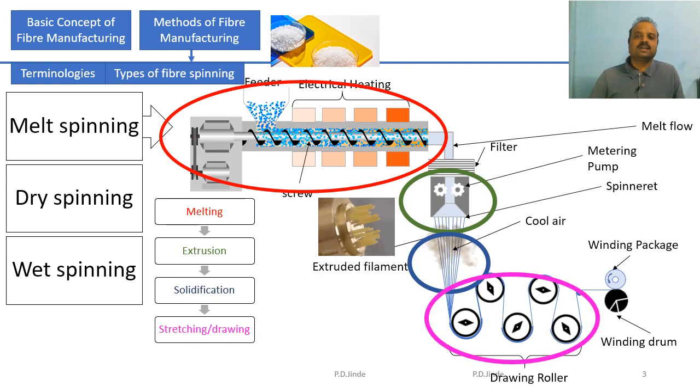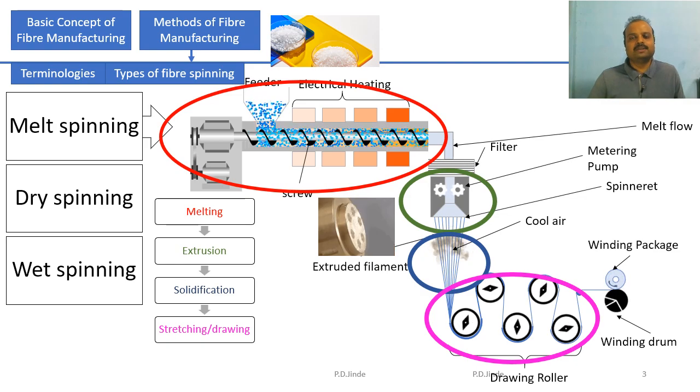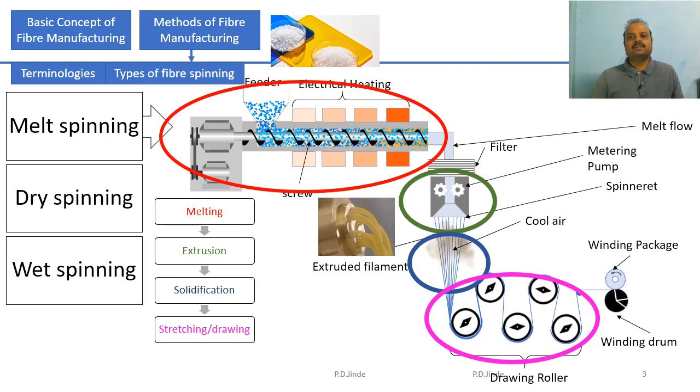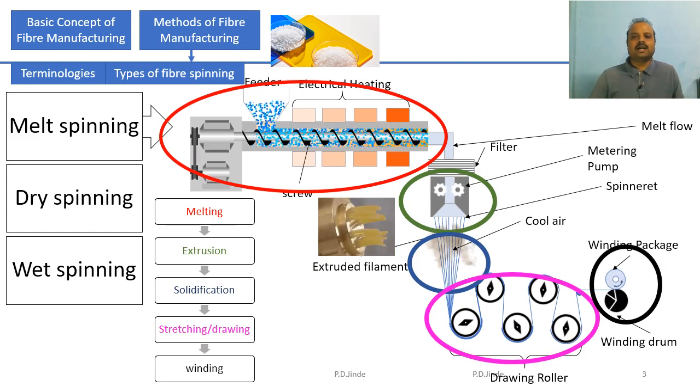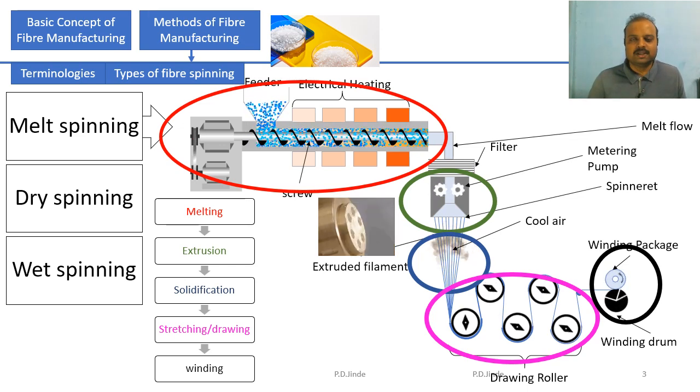The fourth important stage is stretching or drawing. Now the drawing rollers draw the filaments multiple times, stretching them so that their thickness reduces to a desired level. Once the filament is reduced to the desired thickness, the last task remaining is winding. So winding is the last step, the last important part of melt spinning.